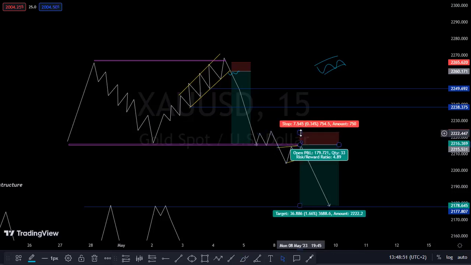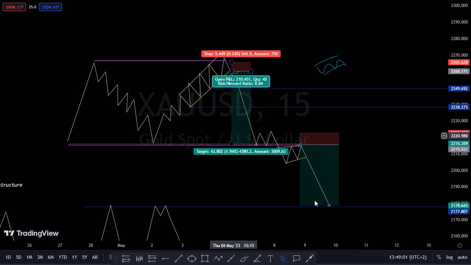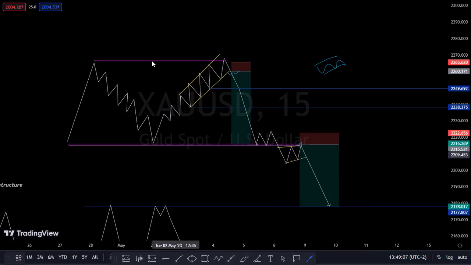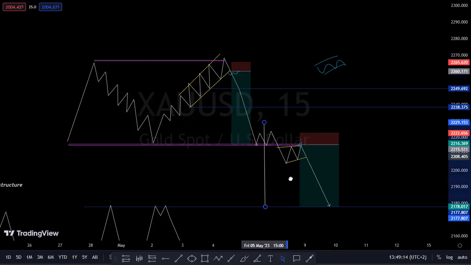It should be above, not more than 30 pips, but 30 pips or more, at least 30 to 35 pips. Then, to set your targets, guys, you can take any tool to measure the distance from the highs of the structure to the neckline, and then take your arrow and put it below.